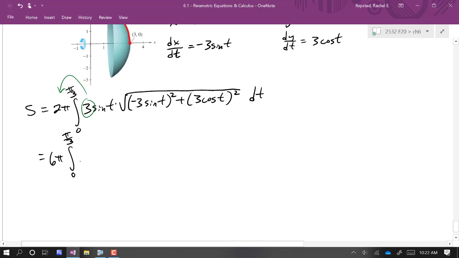We've got a factor of sine t times the square root. Let's see, we get 9 sine squared plus 9 cosine squared. So I'm going to just take that out as a 9 times sine squared plus cosine squared.